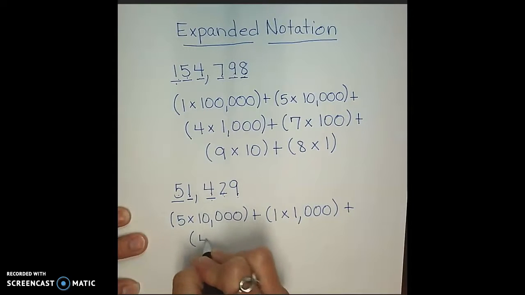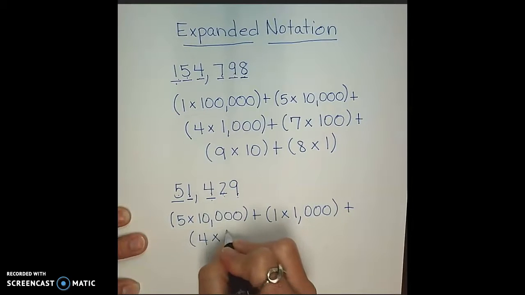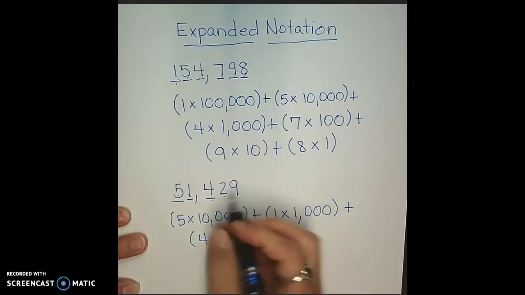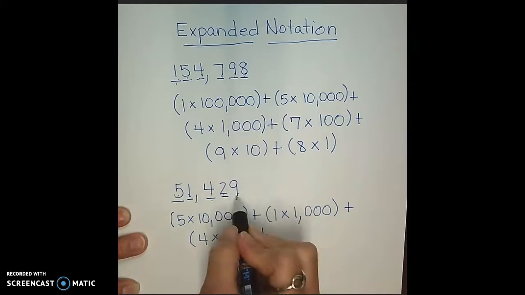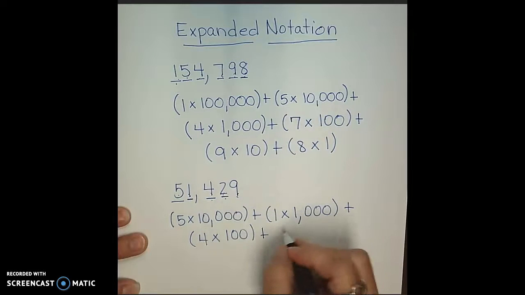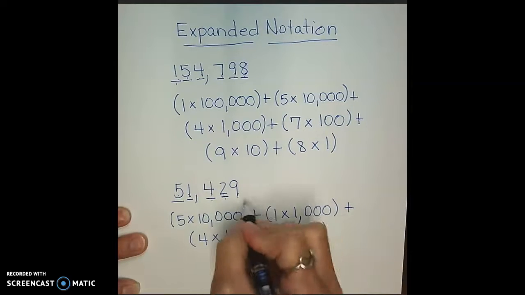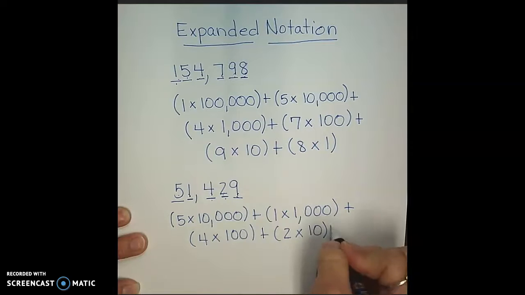So I have 4 groups of 100. Plus my next place, ones, tens. I have 2 groups of 10. Plus my last place, which is my ones place, and I have 9 groups of 1.